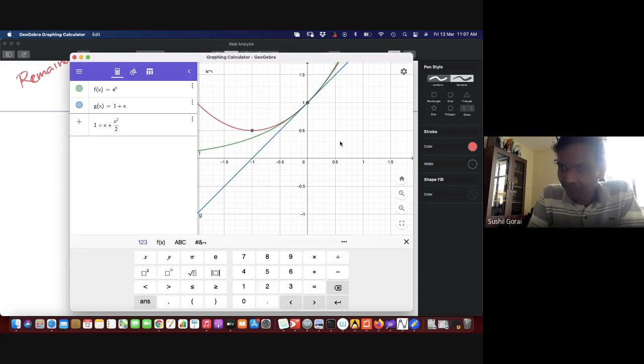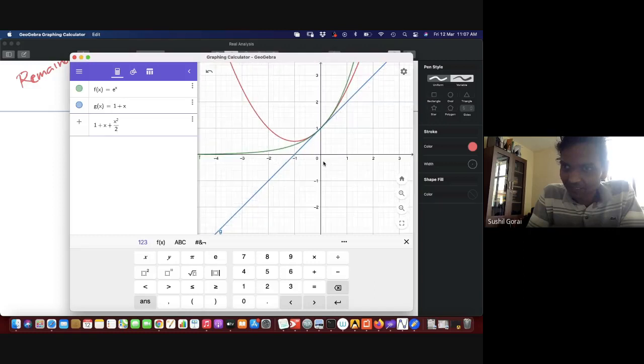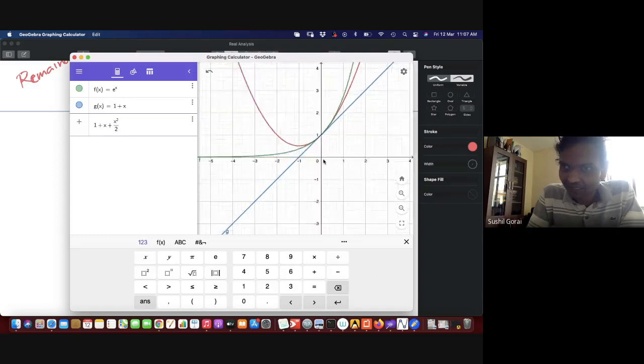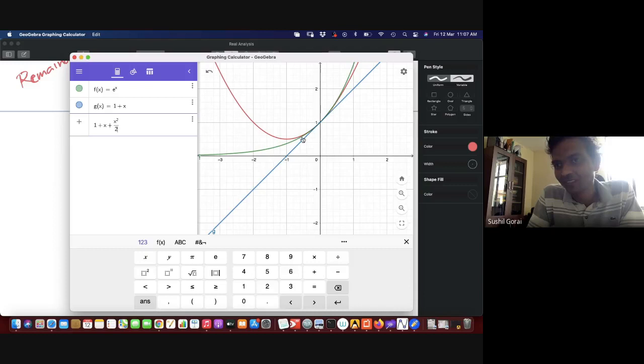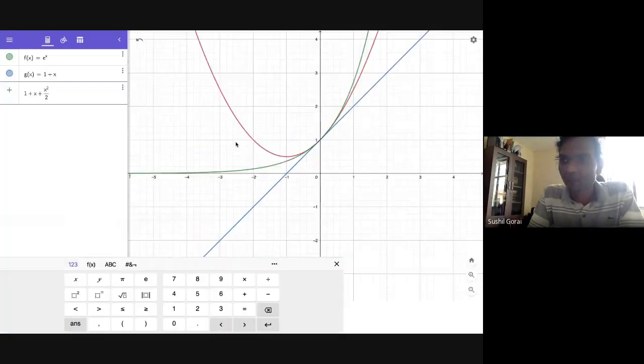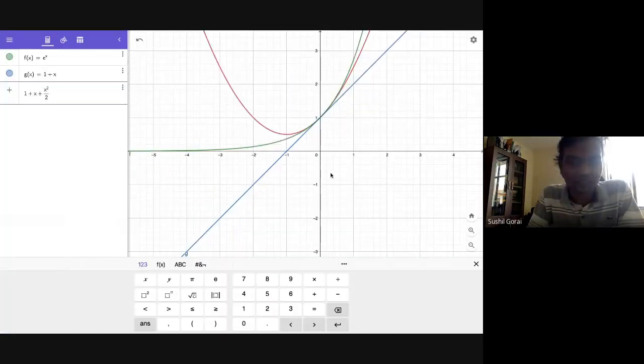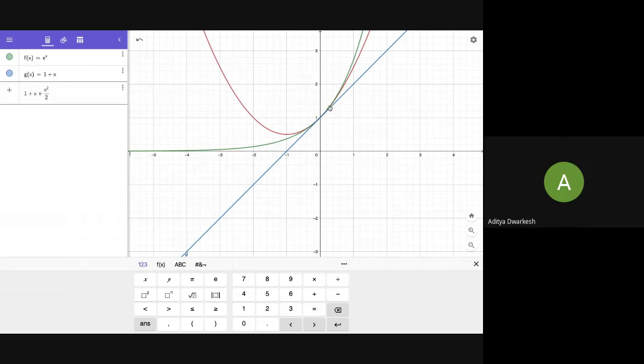See the graph. See, it is getting closer than this line, right? Can you see it, or shall I just make it full screen? Maybe let's do that. Can you see it? Yes, sir.